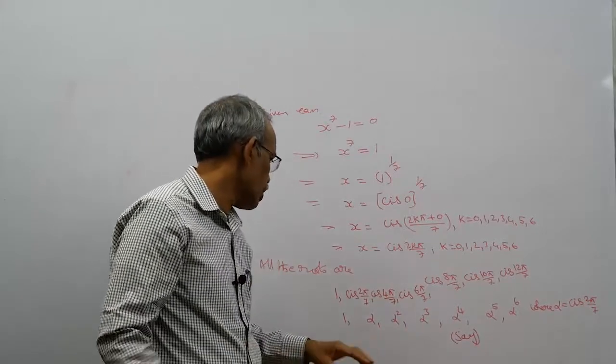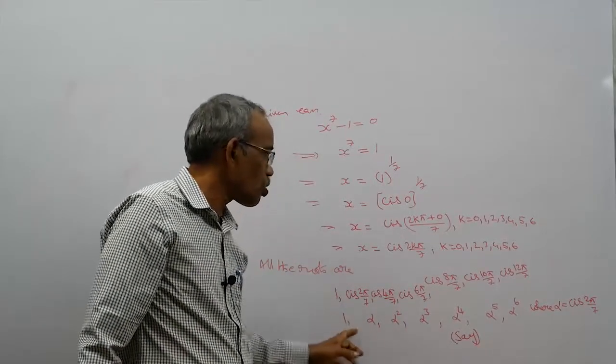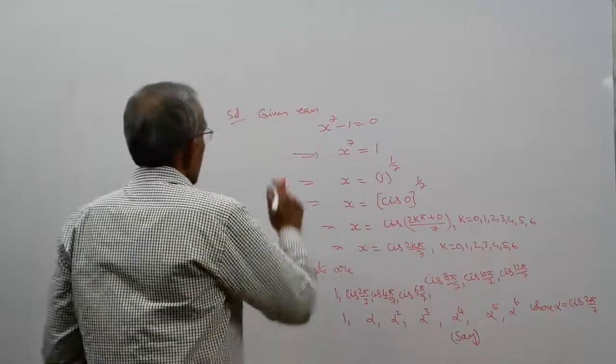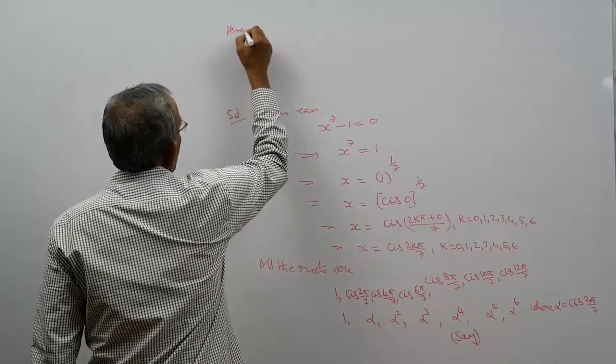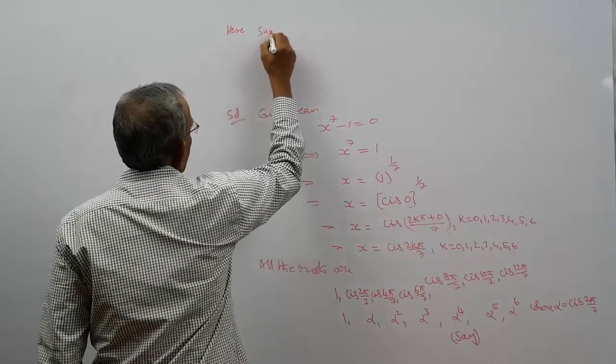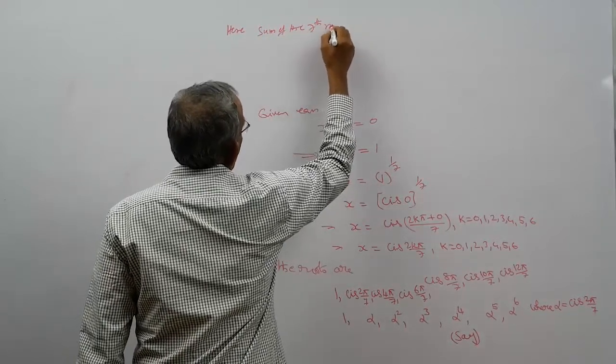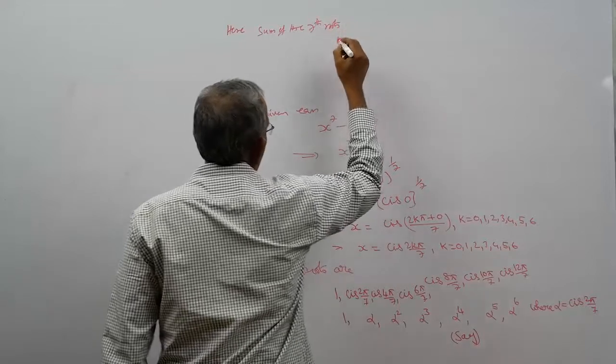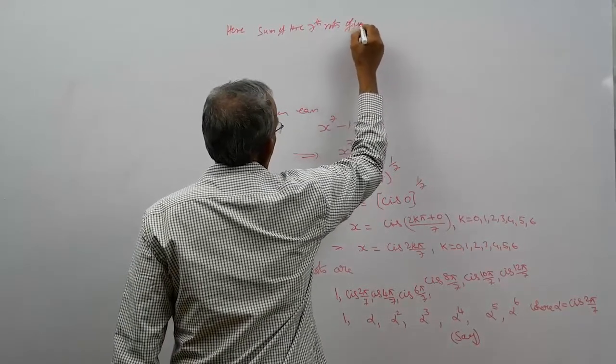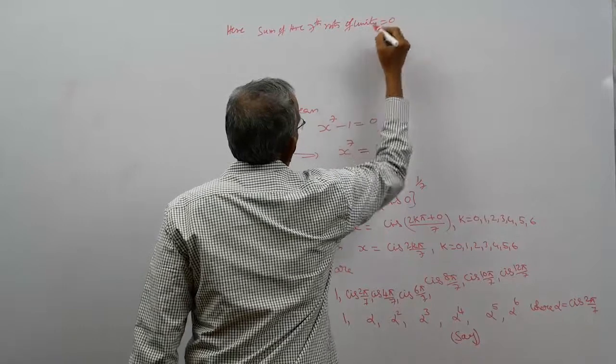Also, we know that the sum of the nth roots of unity is equal to 0. Here, the sum of the 7th roots of unity is equal to 0.